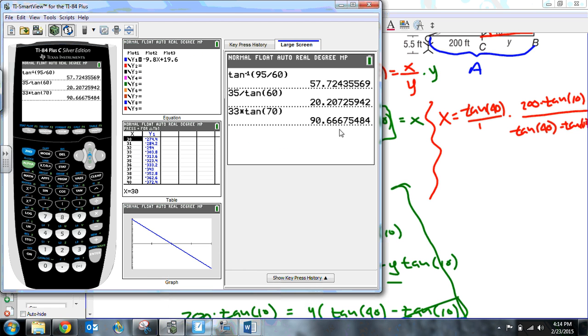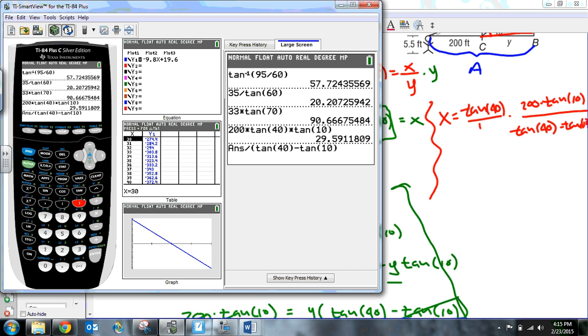I'm going to put all of this into my calculator and write it as one fraction. I'm going to do 200 times tangent of 40 times tangent of 10. That whole quantity up top, I'm going to hit enter, and divide that by the difference, the quantity tangent of 40 minus tangent of 10.